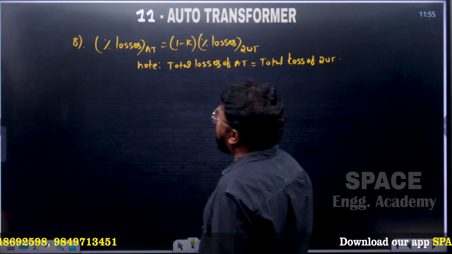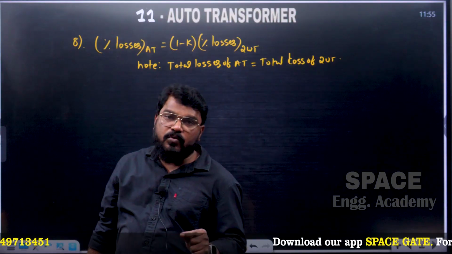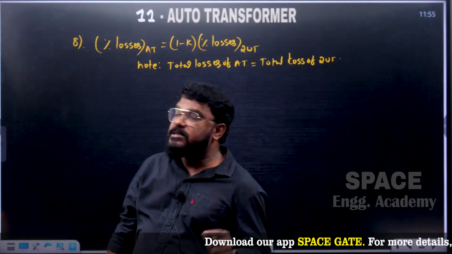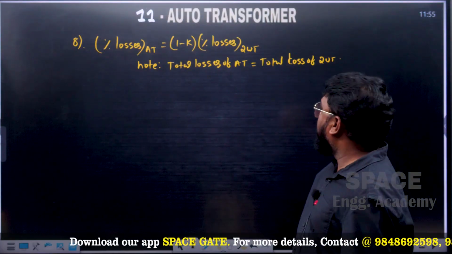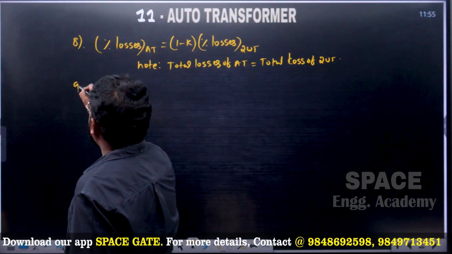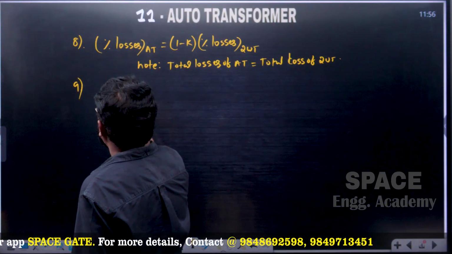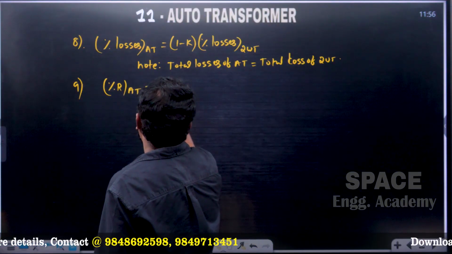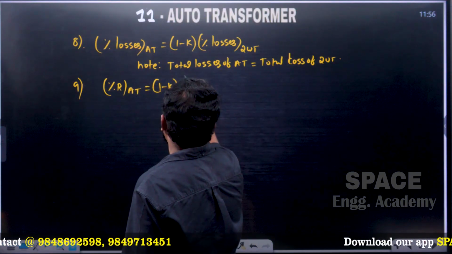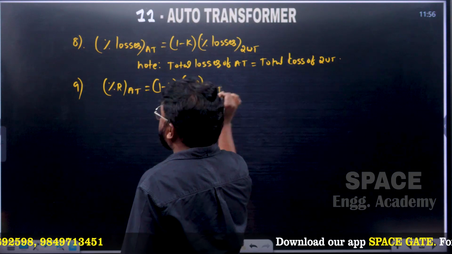This is very important. Percentage losses are equal to 1 minus k times the percentage losses in that auto transformer. And next one, percentage resistance of auto transformer is equal to 1 minus k times the percentage resistance in the two winding transformer.